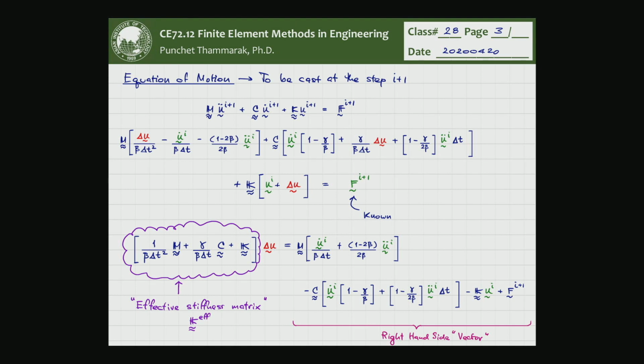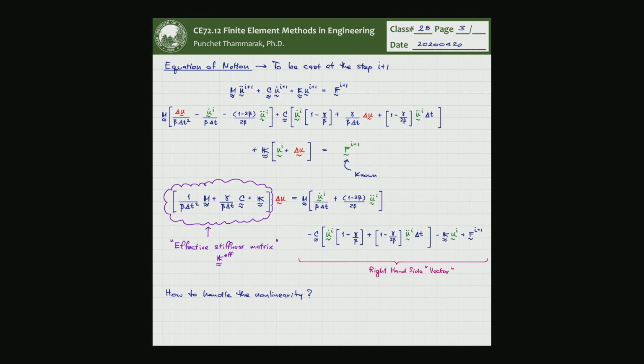We just say that the acceleration within a time step is going to be just a constant number, and as it is constant, then we tie up many things with just one unknown variable, which is delta u. So acceleration can be expressed in terms of delta u.